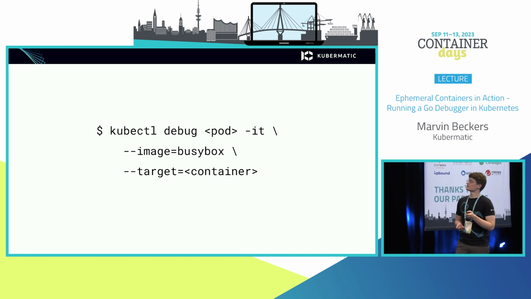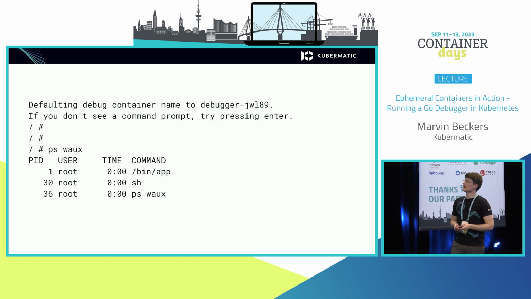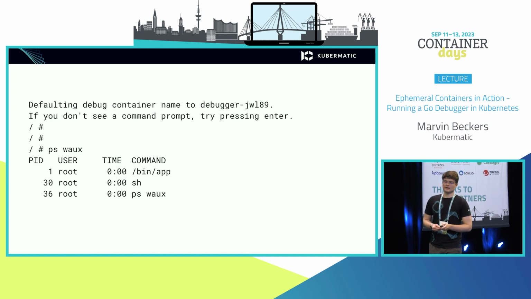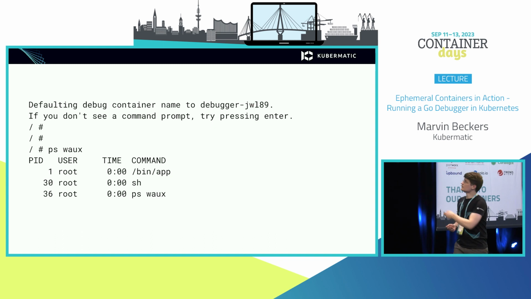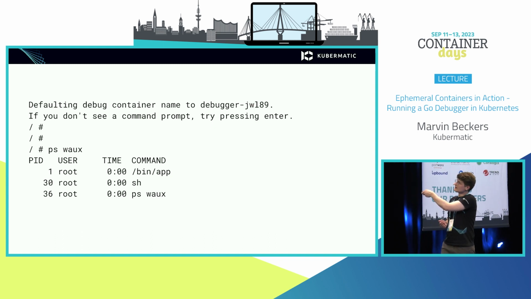So I can do this. If I run this command, I will be dropped into a busybox shell, nothing fancy here. But the important bit is, if I look at the processes that this ephemeral container has access to, we are seeing my shell that I just launched, and we're seeing the ps command to look at all the processes I can see, and there's the /bin/app.